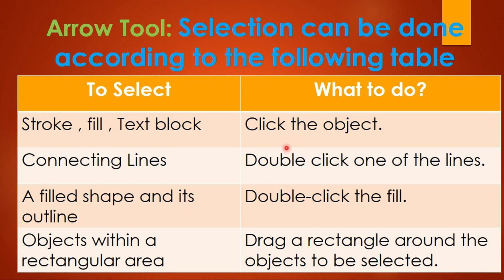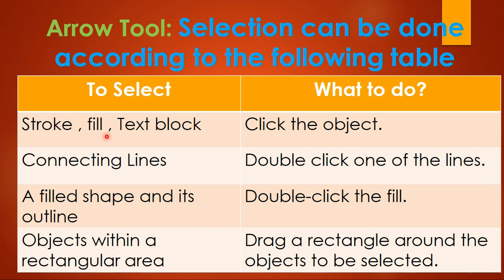Click the arrow tool in the tools panel and then follow the instructions given in this table. First, for the selection we have to select the arrow tool from the tools panel, and then the method of clicking will select the objects according to the method given.